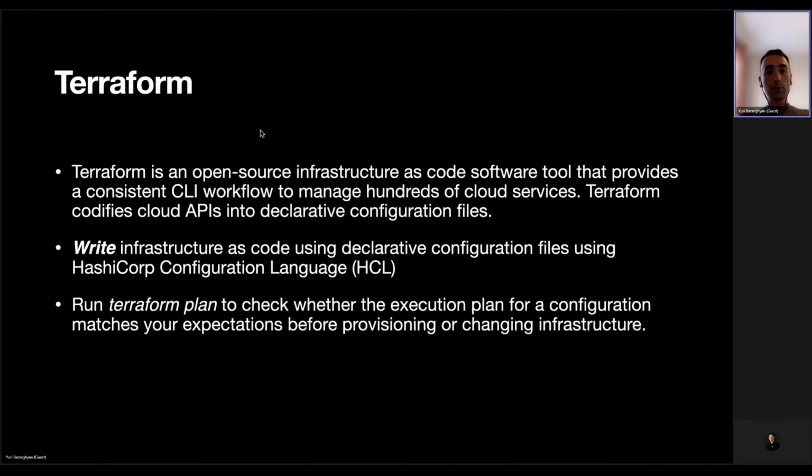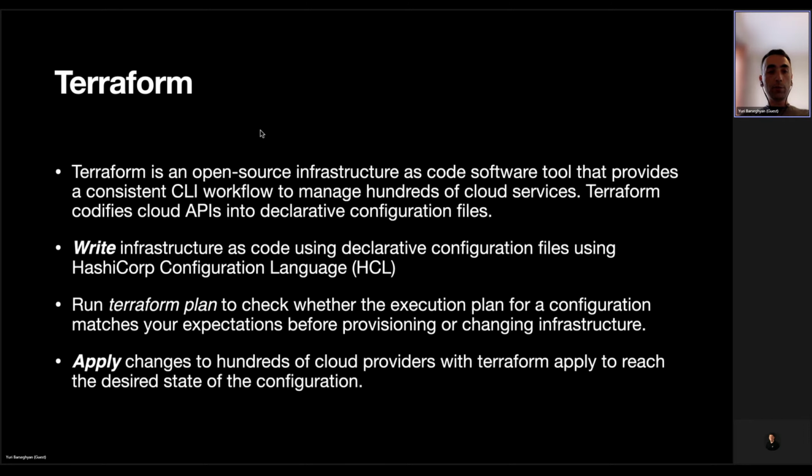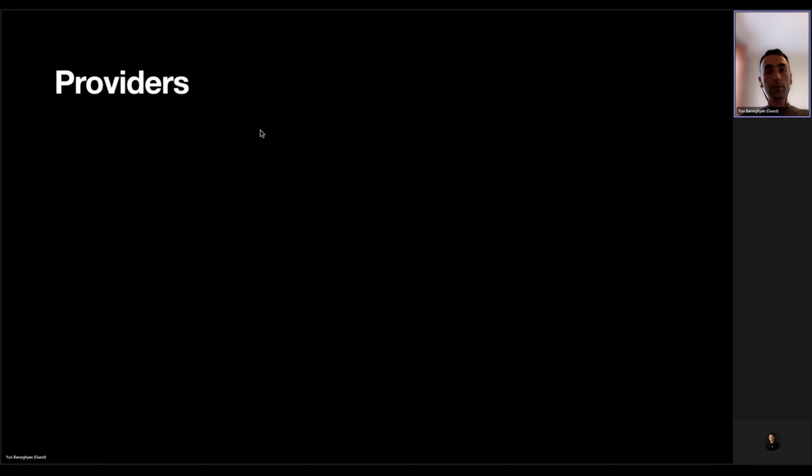Then you run Terraform plan to check what you are actually creating, if everything corresponds to what you are trying to achieve. And then you apply changes to those hundreds of cloud providers with Terraform apply to reach the desired state of configuration. Terraform will take care of communicating through APIs with those cloud providers and creating all the resources that you need for you.